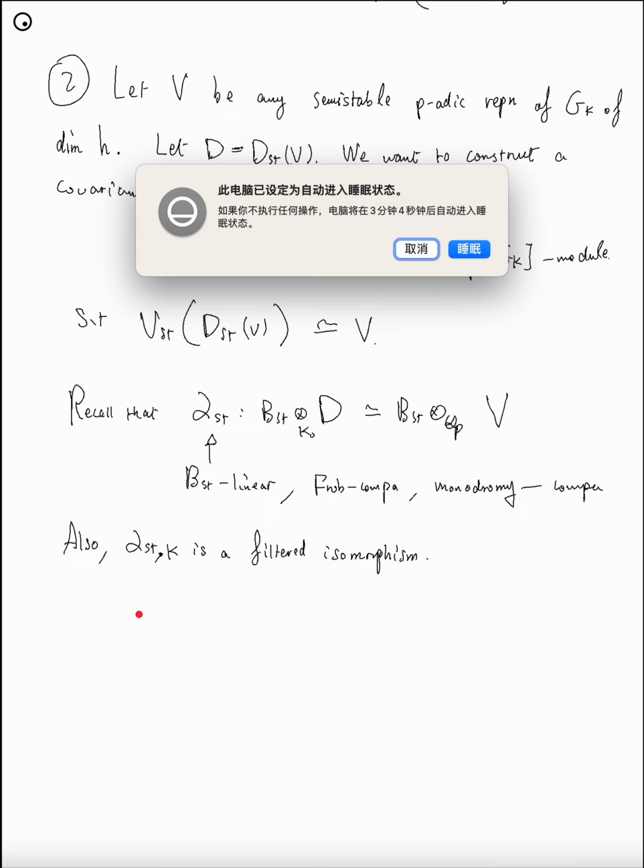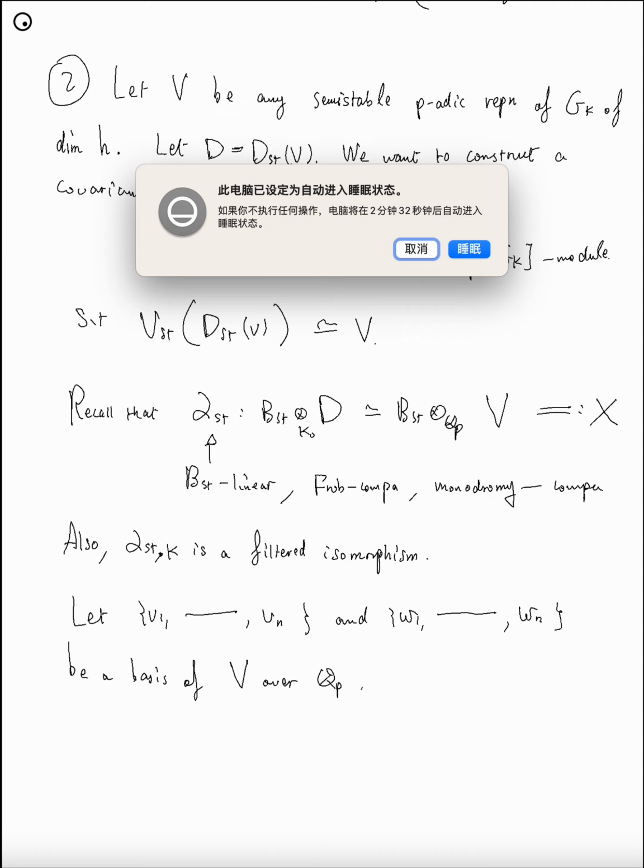So let's denote this by X. Then let v_1, v_2, ..., v_n and omega_1, omega_2, ..., omega_n be a basis of V over Q_p, respectively of D over K_0.